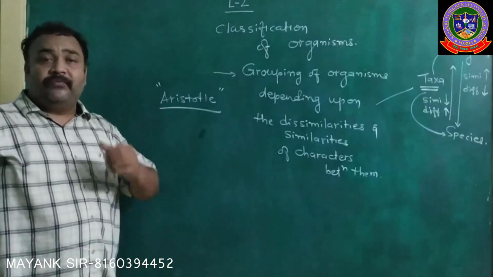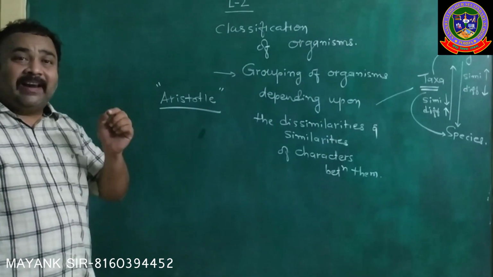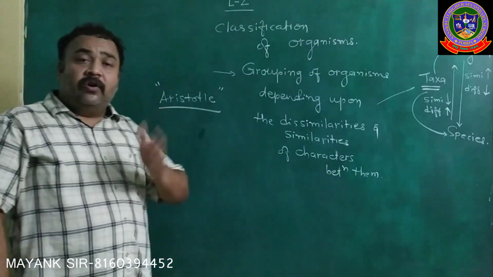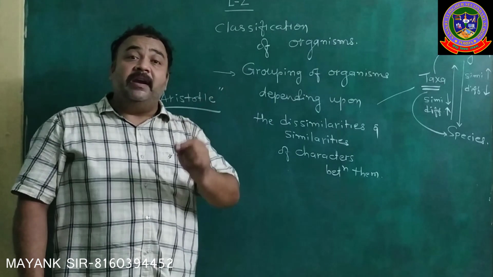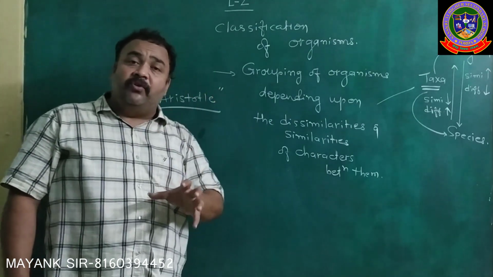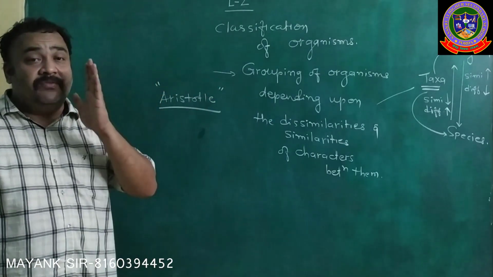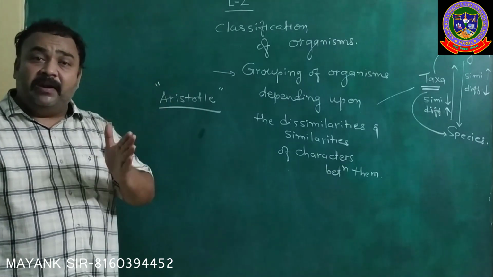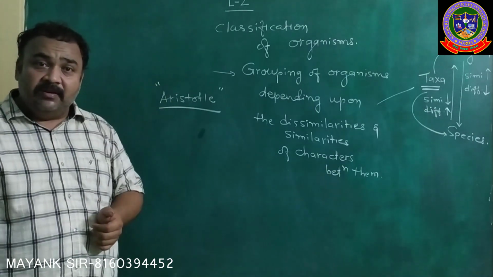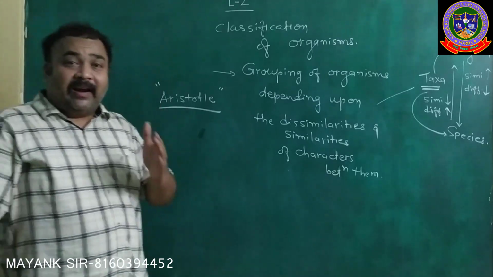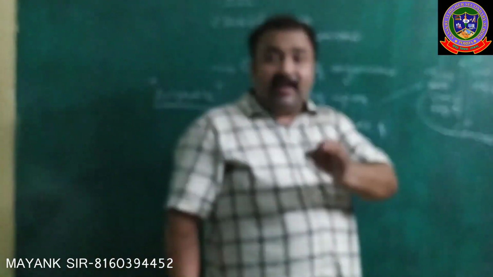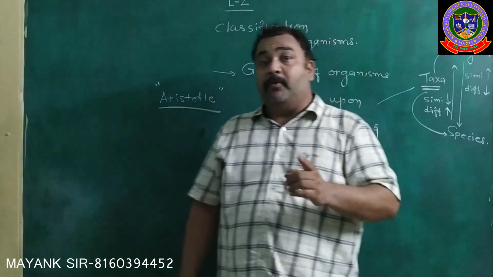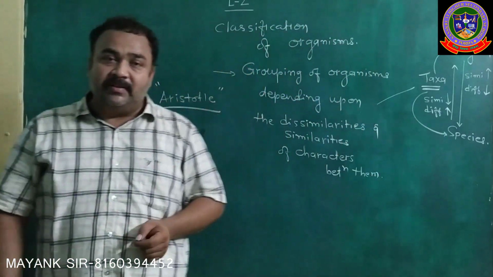Aristotle was a Greek philosopher who classified the living organisms depending upon their simple morphological characters. He was the first to classify the living organisms depending upon their characters. Before that, the classification was only done depending upon the needs of the organism.